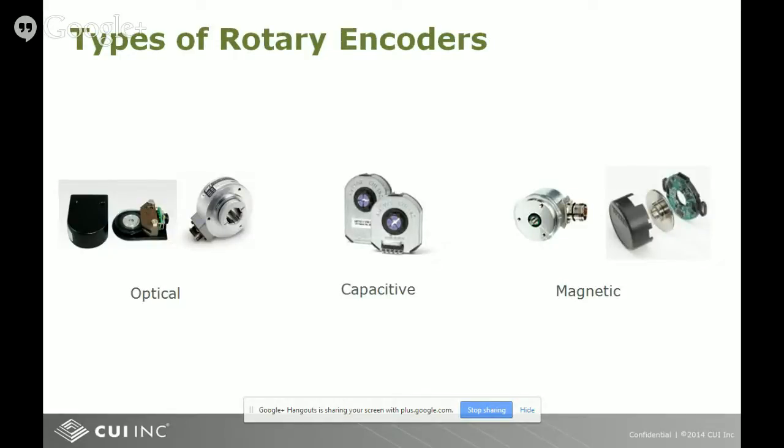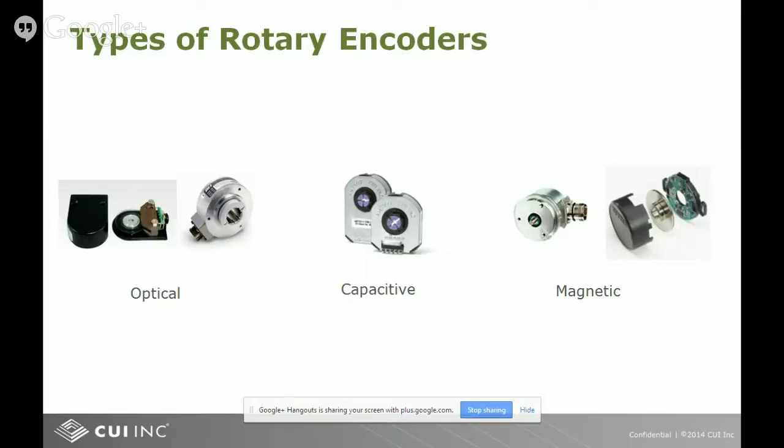So there's several types of encoders, but the three main types of encoders are optical, capacitive, and magnetic. The optical encoder has some LEDs in there and a rotary disc that has different windows in it, and it allows the light to pass through that disc as the rotor turns and interprets that and gives that back as feedback.